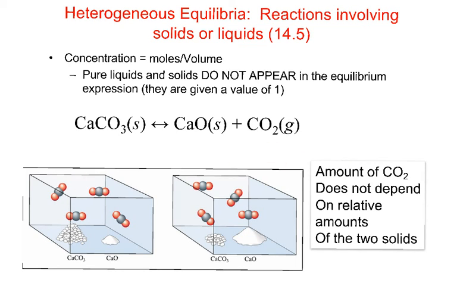I've got the reaction of calcium carbonate decomposing into calcium oxide and carbon dioxide. And we can see in this illustration, when I change the relative amounts of calcium carbonate and calcium oxide, it doesn't change the amount of CO2 that's present. So solids and liquids do not affect the equilibrium, and they do not appear in our equilibrium constant expressions.